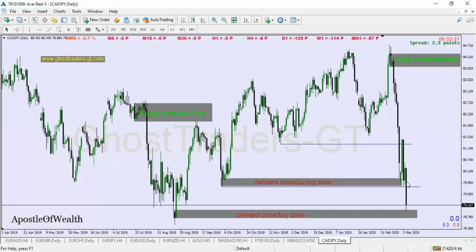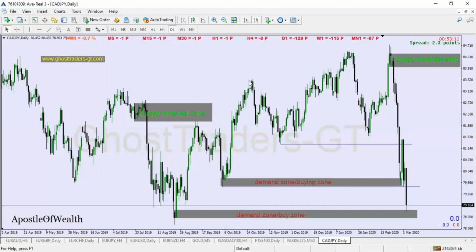Another thing you need to look out for when you are looking for your demand and supply zone, for an example, this is our demand zone, is having an impulse swing in the market. Factor number two, you need to have an impulse swing. As you can see here, there is an impulse swing. The market shoots up.